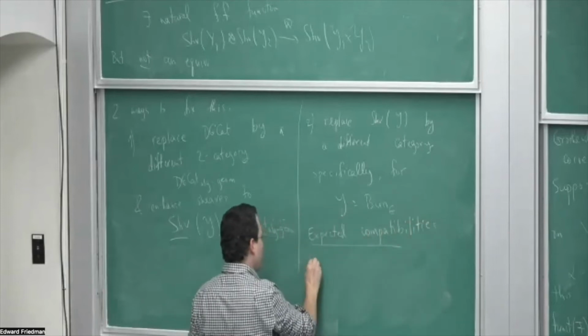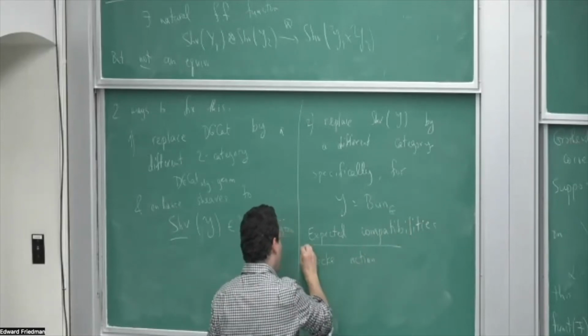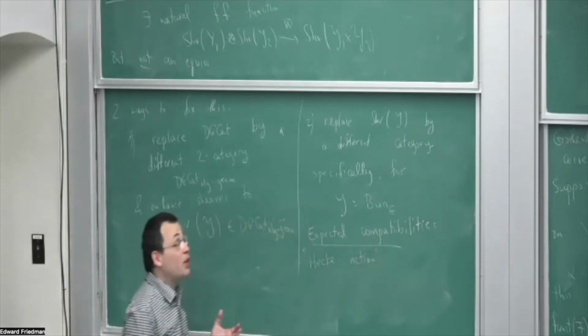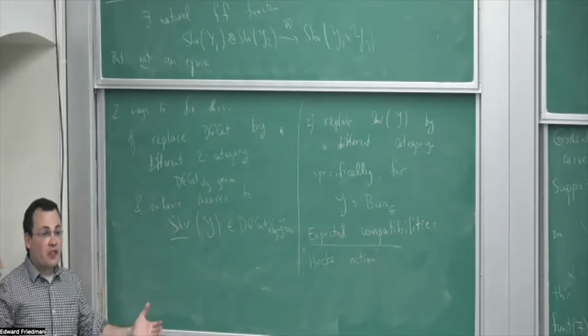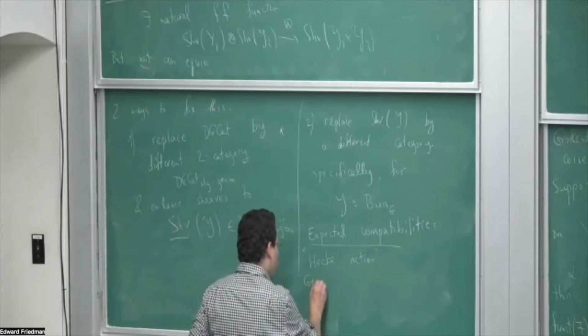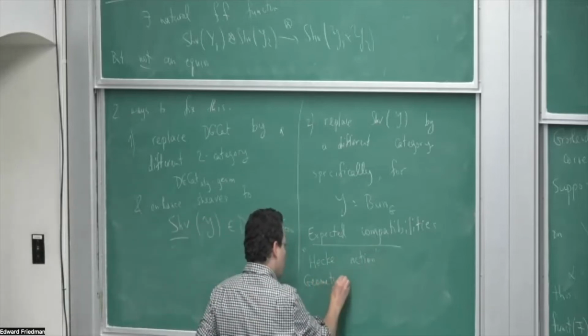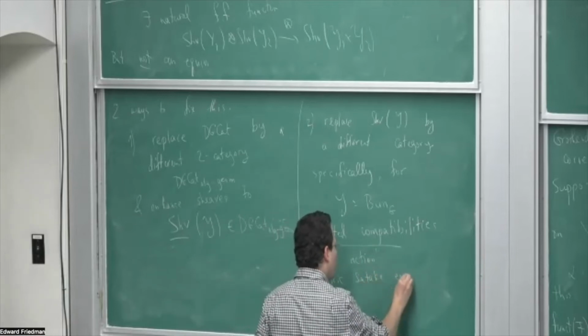It has to do with what's called a Hecke action. In fact, this is probably the only place in this talk where the passage from the group to the Langlands dual group happens, which is that we have the geometric Hecke equivalence.